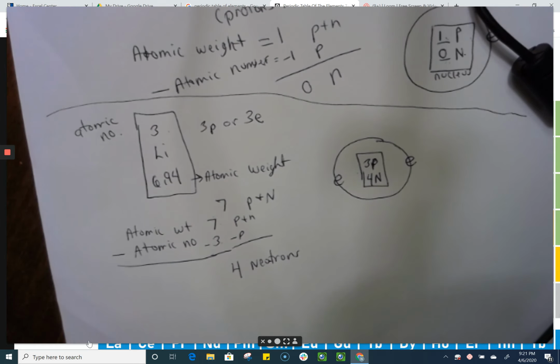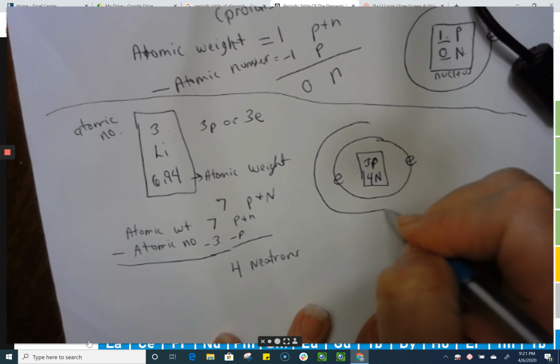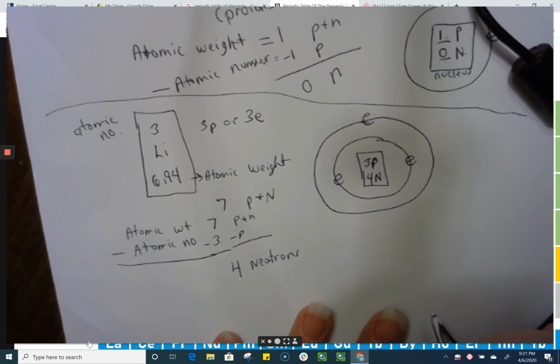So that means that the third electron has to go out here in the second energy level, and that one can hold up to 8. So we can add energy levels as the atomic number increases to accommodate more electrons.